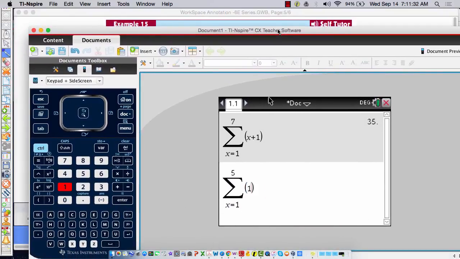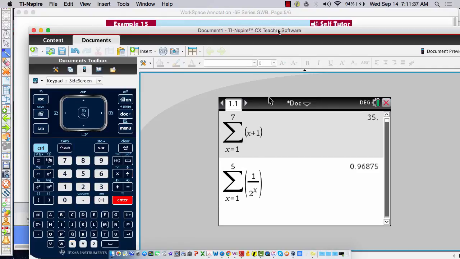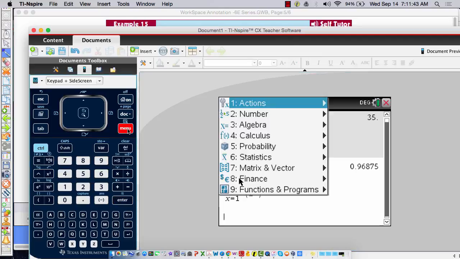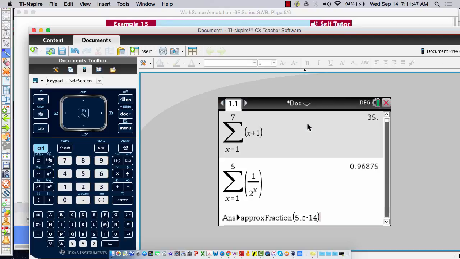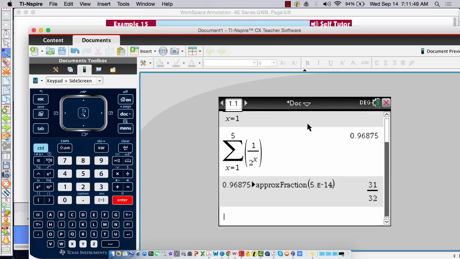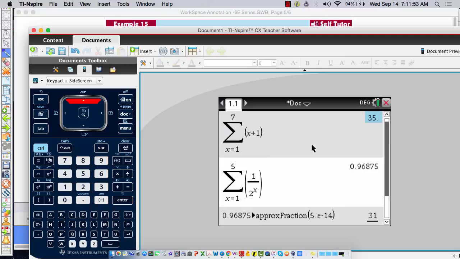So 1 over 2, and I used x here. See what we get. Ooh, we get a decimal, which is fine, but did you know you can convert this to a fraction? Menu, number, approximate to fraction, and it'll give us a nice fraction as well. Okay, so let's get those on there for you so you can have that in your notes.